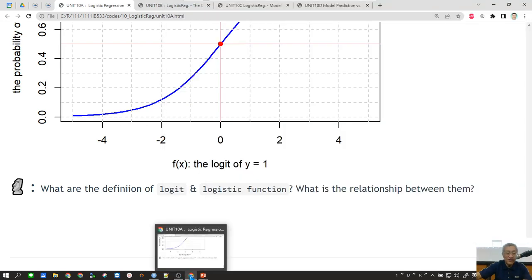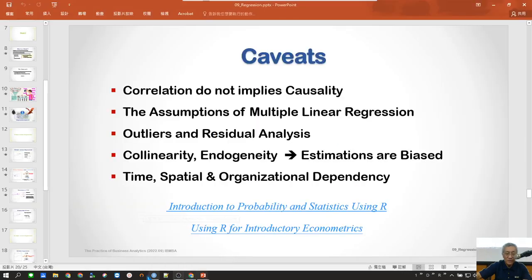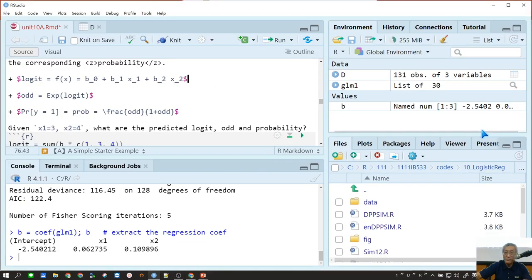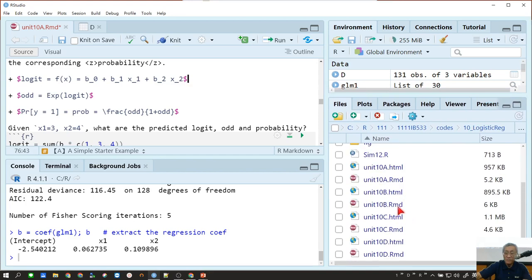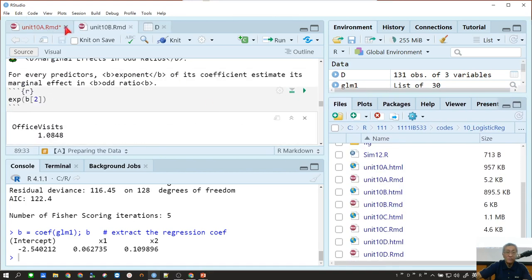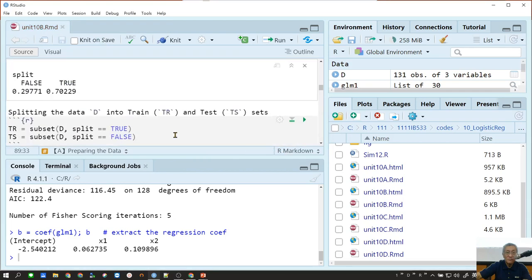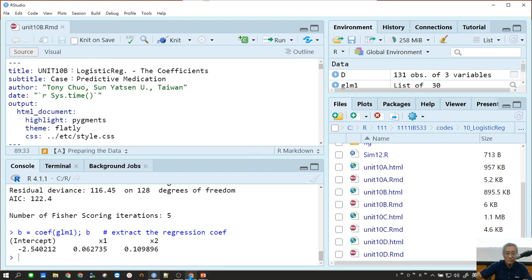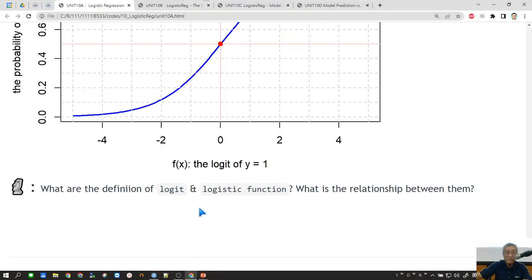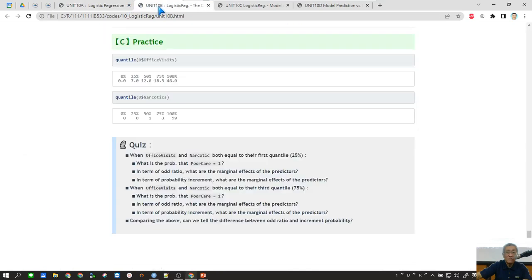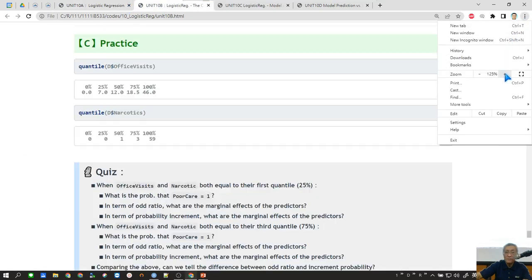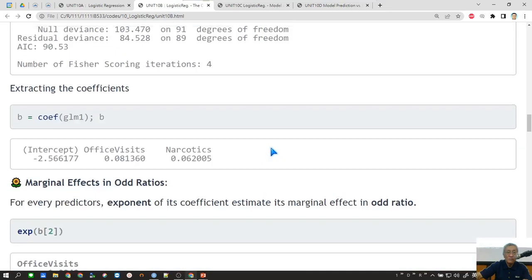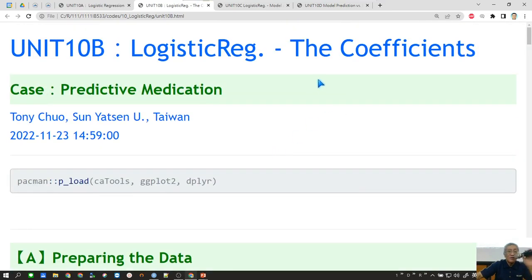Now let's take a look at the second notebook. Now we want to take a closer look at the coefficient, okay?